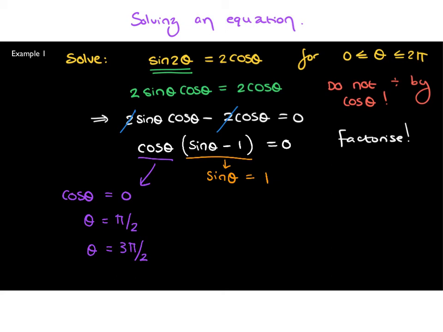Now, sine theta equals 1, that then gives us a repeat solution of theta equals pi by 2. So the answers for this particular question are theta equals pi by 2 and 3 pi by 2.